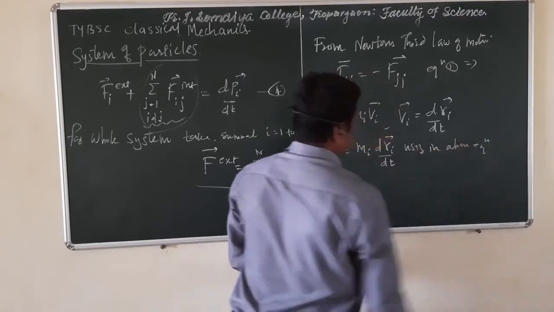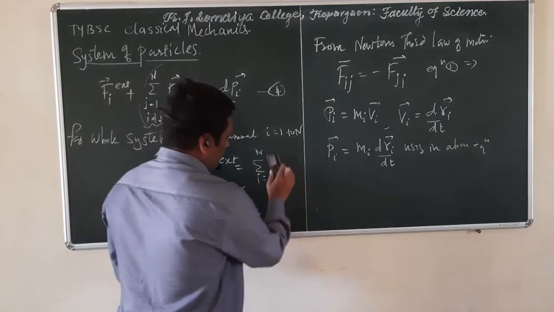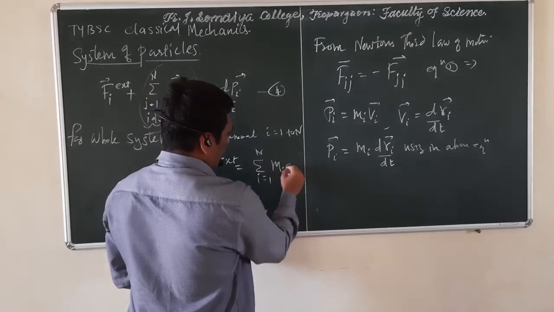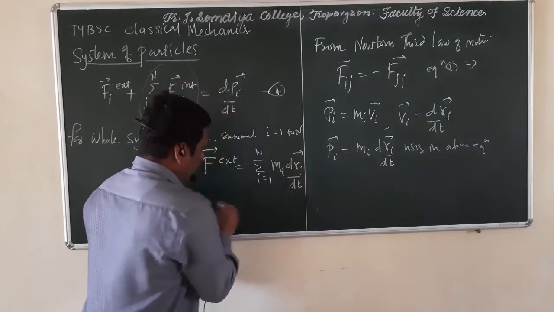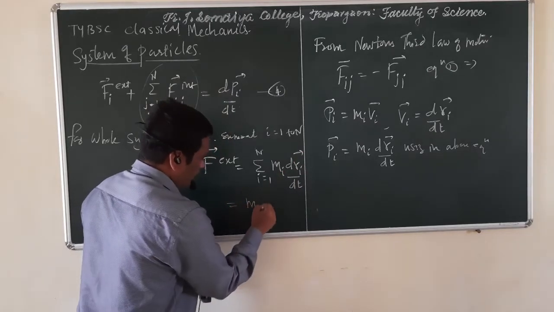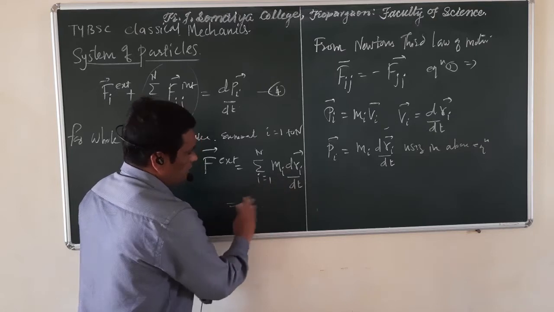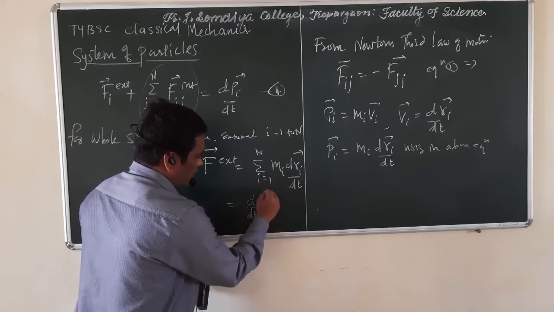Using this in the above equation, what will we get? Here we get the summation over i running from 1 to n of mi into dri by dt. Now this is nothing but the derivative of the summation over i running from 1 to n.